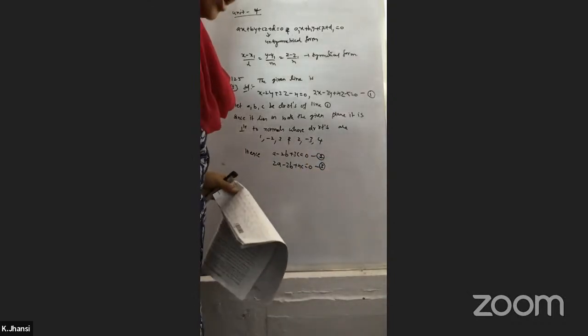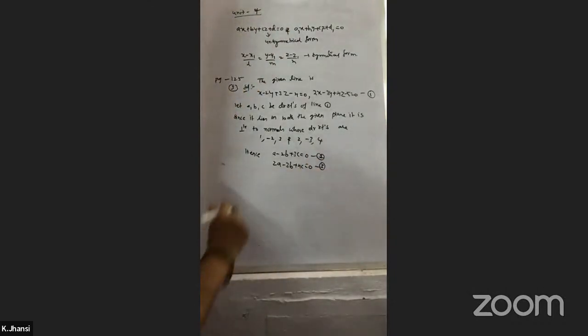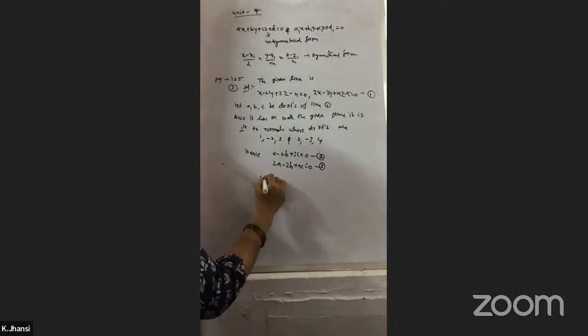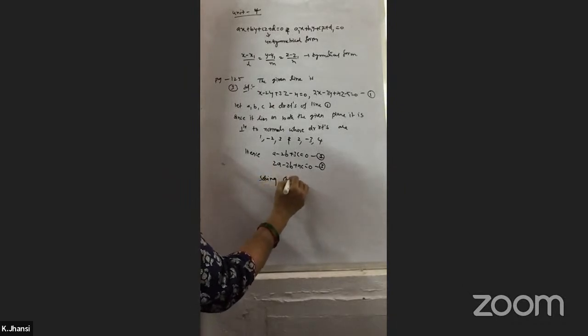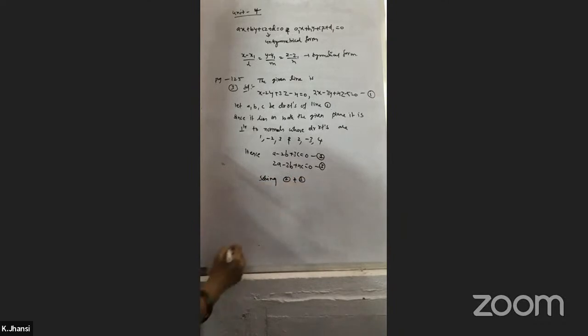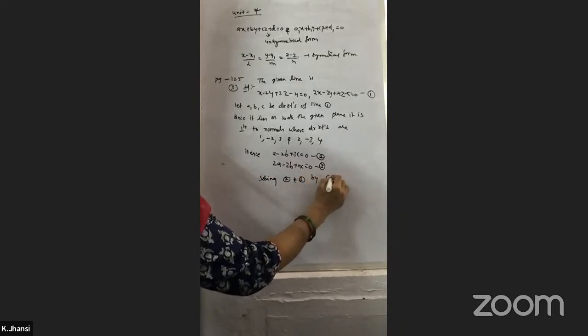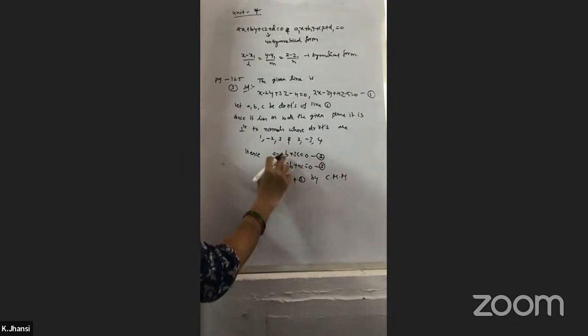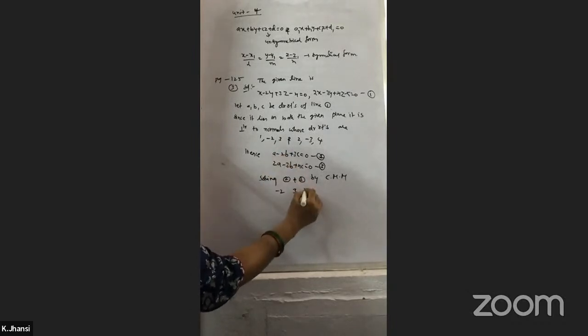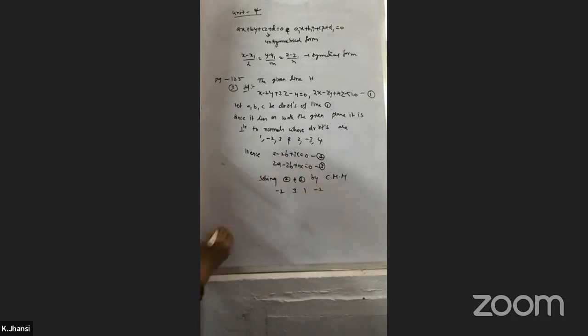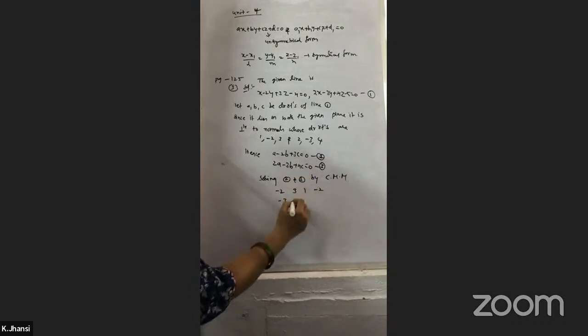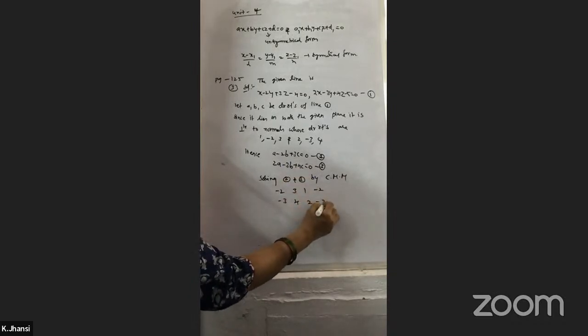So solving 2 and 3 by cross multiplication method. Okay, so what you'll get for cross multiplication method, minus B quotient, then C quotient, then A quotient, and again B quotient. So minus 3, 4, 2, minus 3.